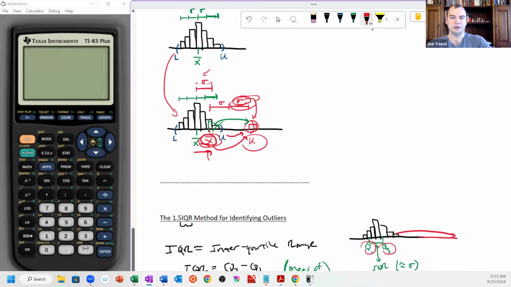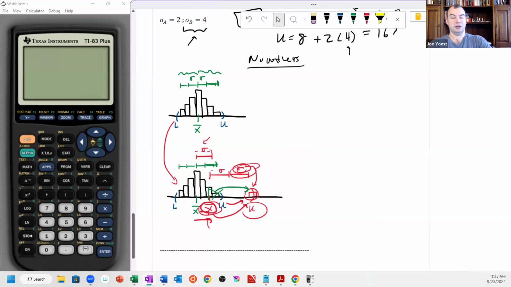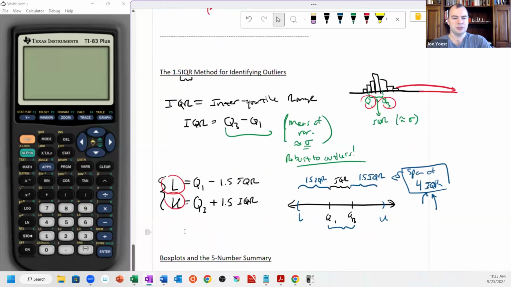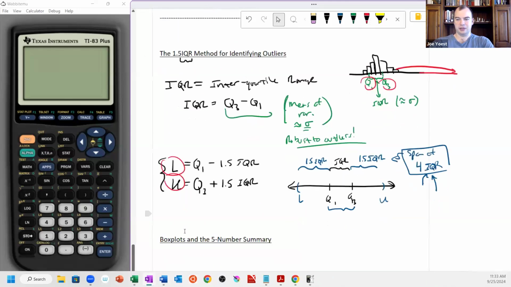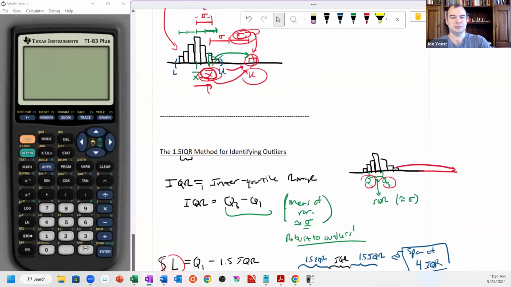Whereas when I did that down here with the 2 standard deviations, the standard deviation increased substantially and x bar chased my outlier. So my upper bound moved in the direction of my outlier pretty substantially. So that's why the 1.5 IQR method is in some sense better. It's robust to outliers.